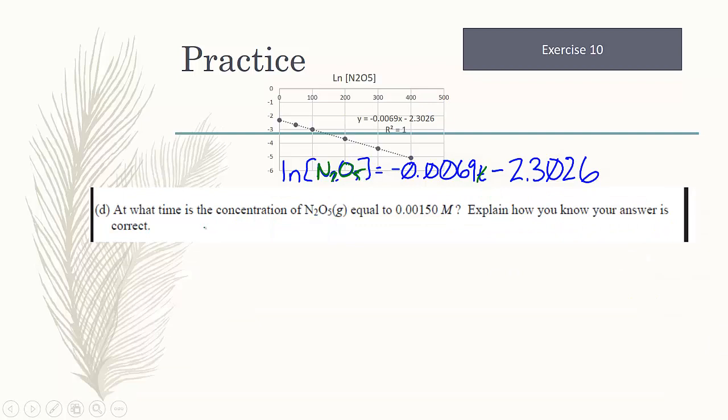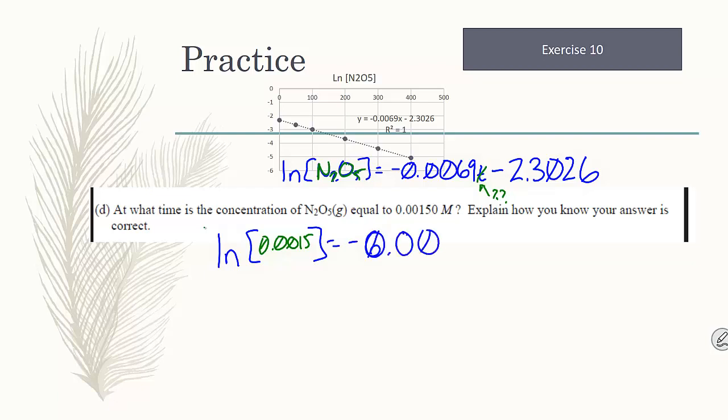So in this case, we are looking for time, but we have the concentration. So I can plug those values in. The natural log of 0.0015 has to equal a negative 0.0069 times time minus 2.3026.